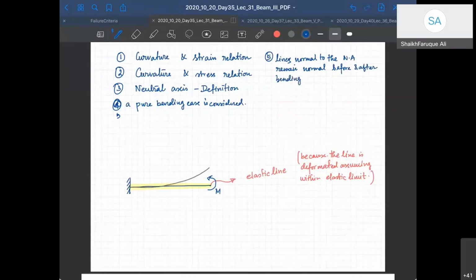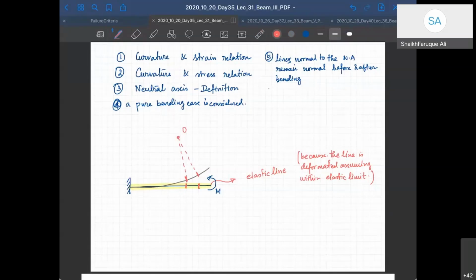So if I had considered two lines which were something like this, normal here, they will stay normal here also. Now, since this is the curvature, and they are now normal to this curvature, they will be inclined. And since they're inclined, they will come and join at some point. Let's say that point is O. So I'll write that also here.